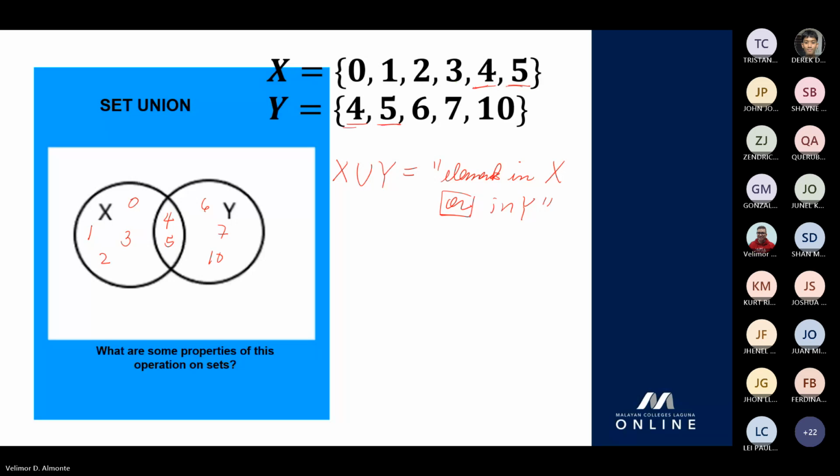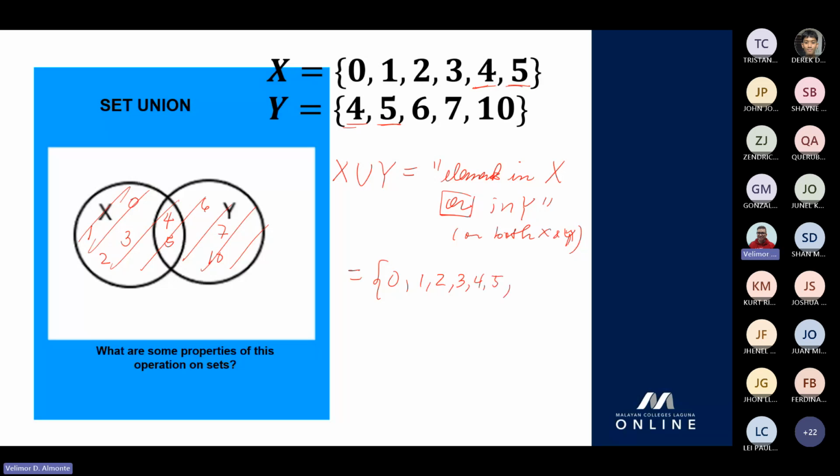True, each true or both true, pwede. So elements in X or in Y or both X and Y, pwede po. So if I shade this, that's the union. If I list this, 0, 1, 2, 3, 4, 5.